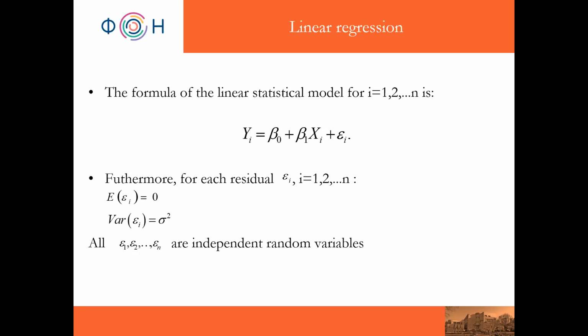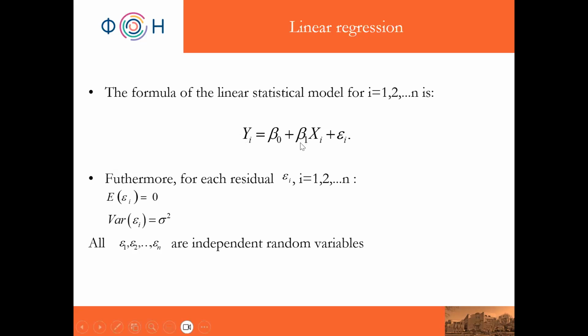Beta 1 is pretty important because it tells us many things about the relationship between the dependent and independent variable. If beta 1 is greater than 0, then the relationship between the dependent and the independent one is direct or positive. If x increases, y is going to increase as well.